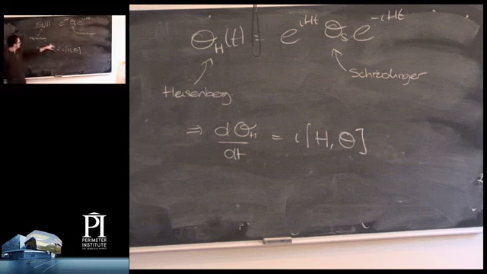Okay, and then the equation of motion obeyed by the operator in the Heisenberg picture is just that you commute H and O. So is this familiar? Did Malcolm cover this stuff?